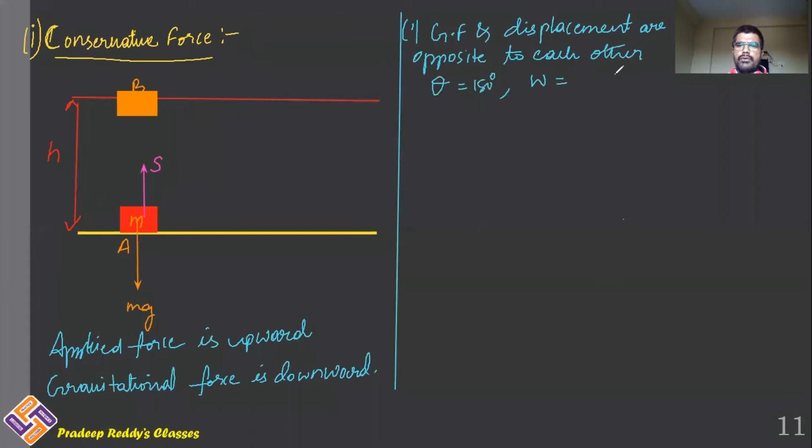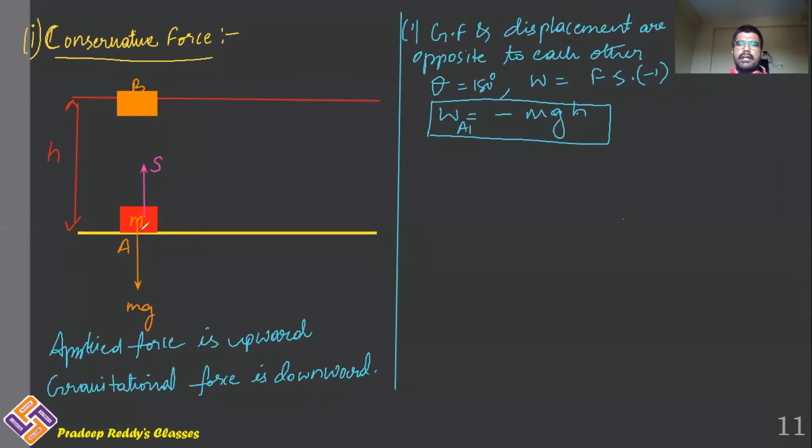Work done is equal to force into displacement into -1, because cos 180 is equal to -1. Now you can write W is equal to minus mg times displacement, and displacement here is h. Work done W is equal to minus mgh in displacing the body from position A to position B.